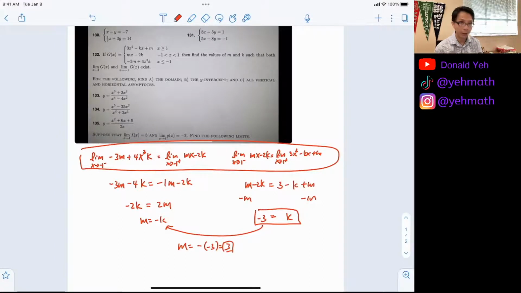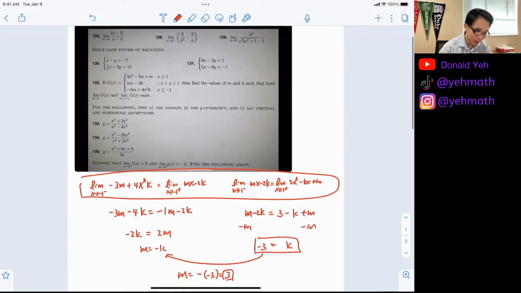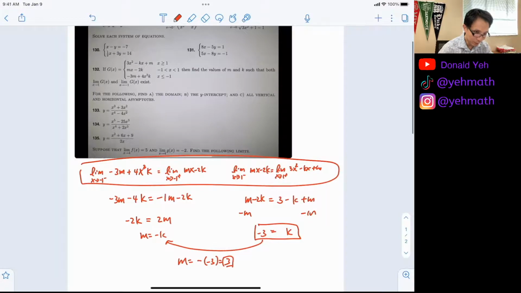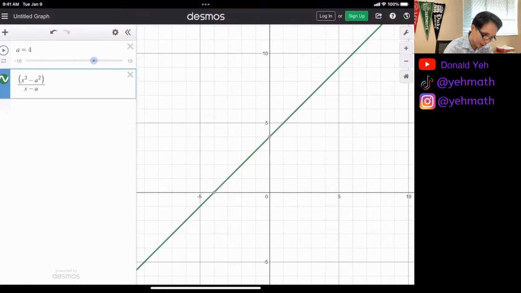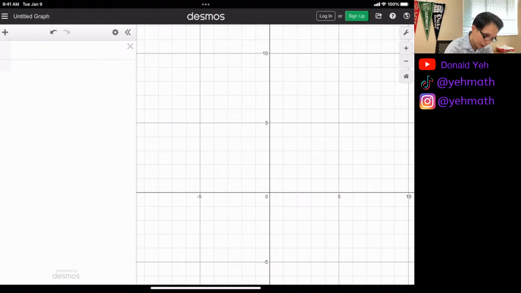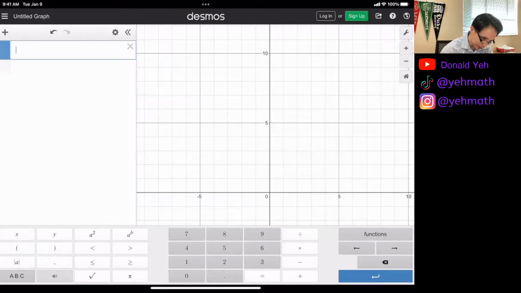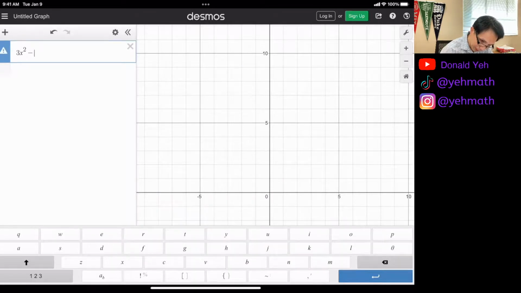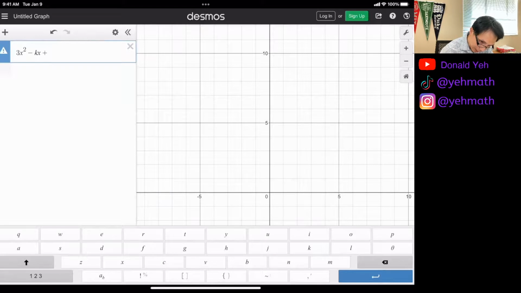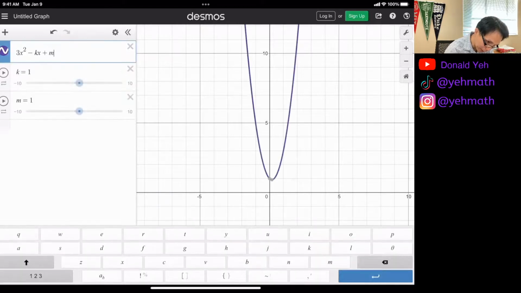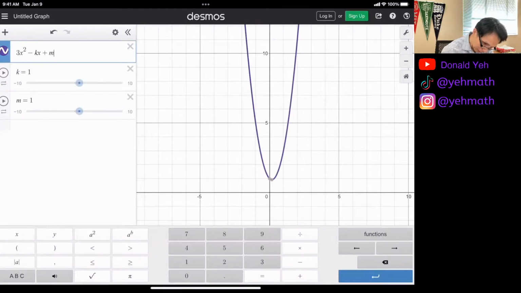Are you sure? Okay. So what we're going to do is, can somebody remember that equation? I'm going to type it into Desmos to show you if that's true, and this is how you check on Desmos. It was a 3x squared minus kx plus m. Then we're going to add a slider, and then we're going to have the brace.